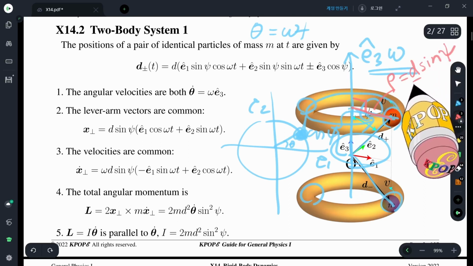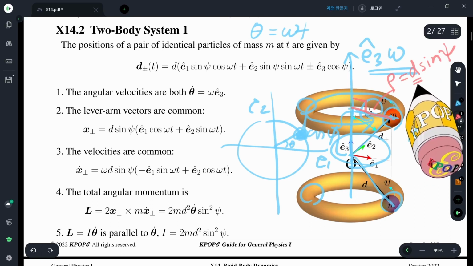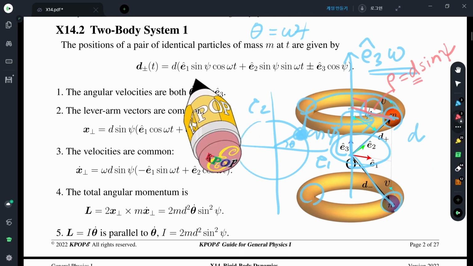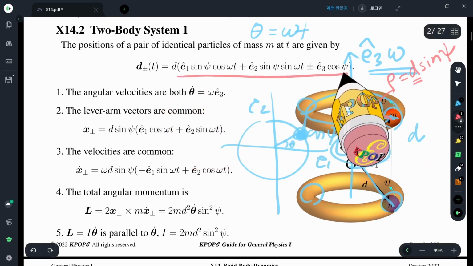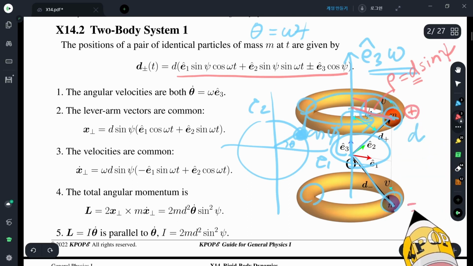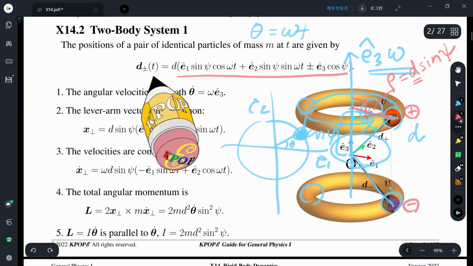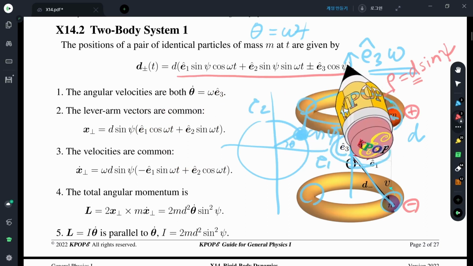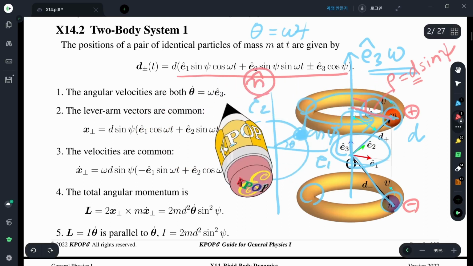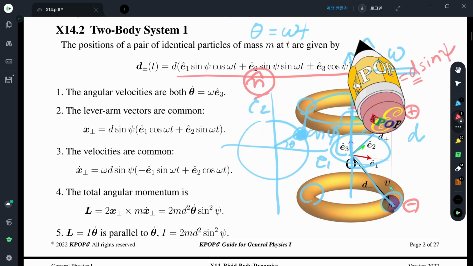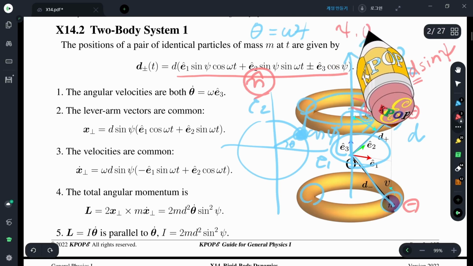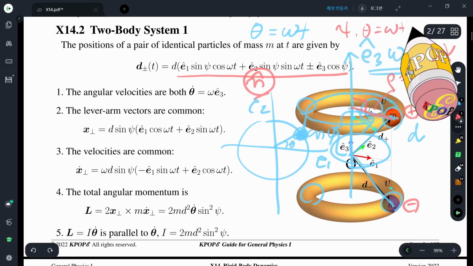Note that this d is not a differential operator, it is just a distance d. Therefore, the position of a particle, which we call plus and minus, d plus minus is d times a unit vector with polar angle psi and azimuthal angle theta equals omega t.